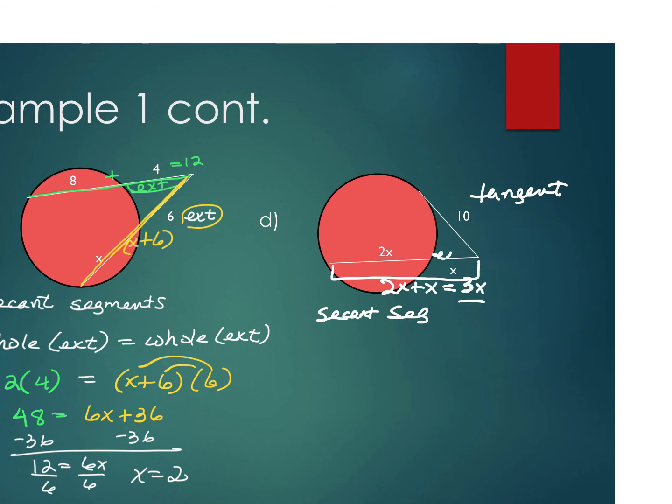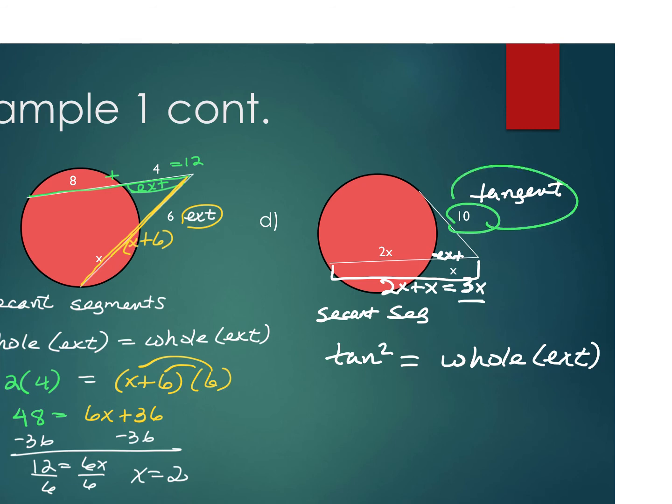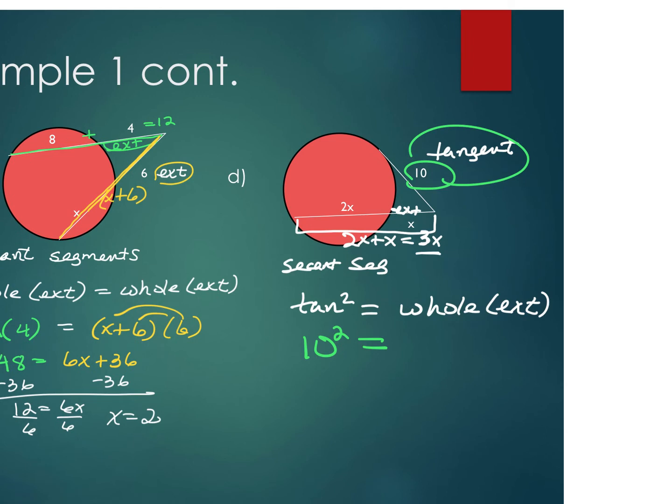And then the external is just the x. The formula I'm using is tangent squared is equal to whole times external. So my tangent is 10, so 10 squared. And then the whole, which is the 3x, times the external, which is x. So 3x times x.